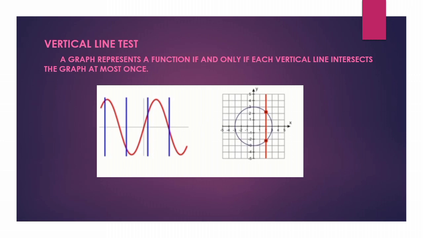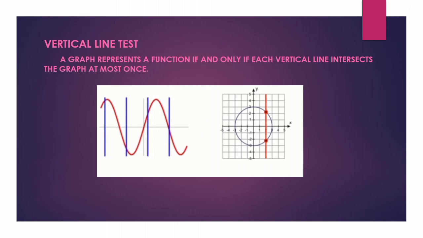Using the vertical line test, as the definition says, it must only intersect the graph at most once. Trying out this one and this one, it touches only 1 point, 1 point, 1 point, 1 point. It means to say that this graph is a function.